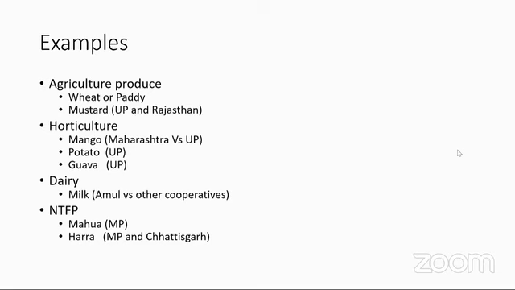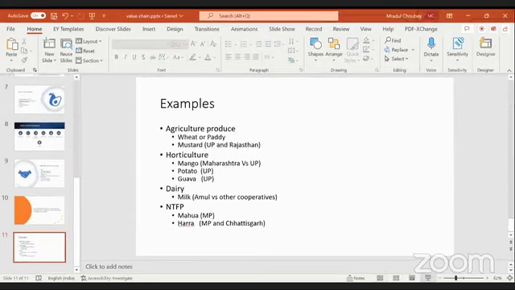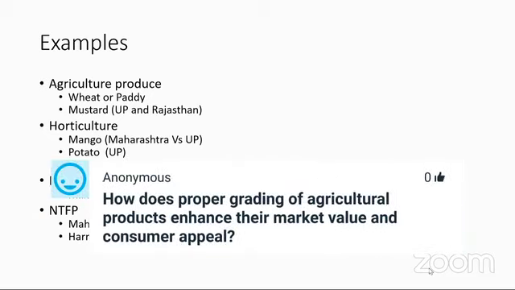So the first question is, how does proper grading of agricultural products enhance their market value and consumer appeal? Grading, if you look at quality parameters, just check the APEDA website or AgMark site. Agriculture produce usually comes in multiple grades.